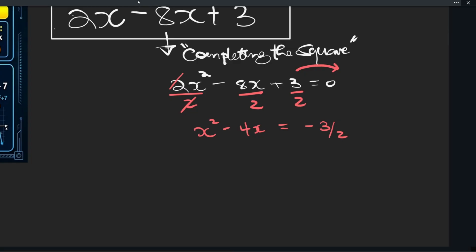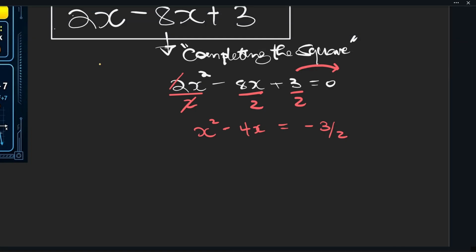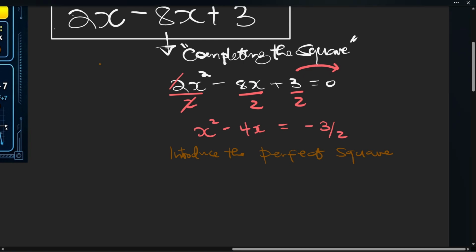Now, once your equation is in such a format, the next thing required of you is to introduce the perfect square. This is a value that is a constant.